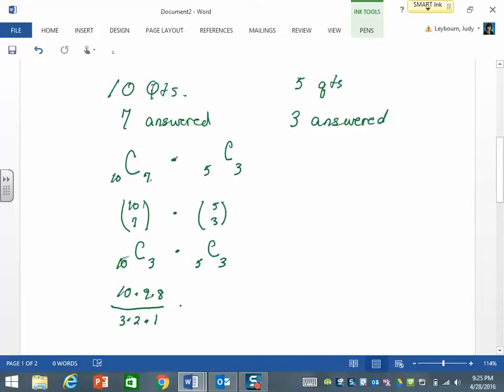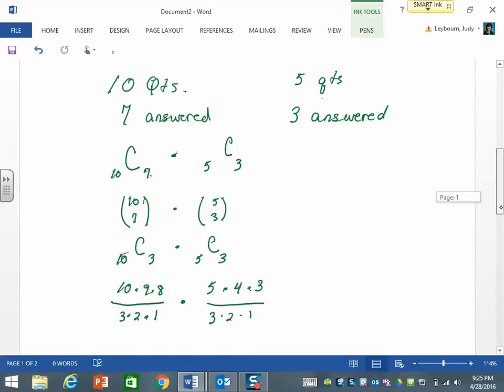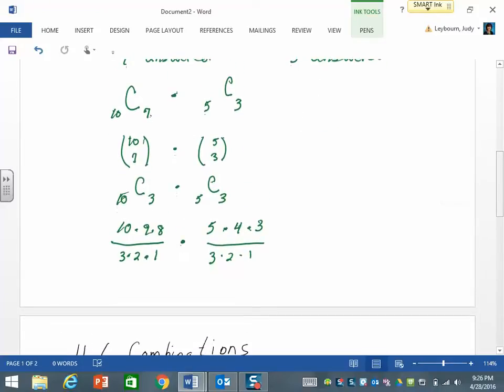And then that's multiplied by 5 times 4 times 3 all over 3 times 2 times 1. And if we do some cancellations, we would have 120 times 10, or 1200 ways that this could be done.